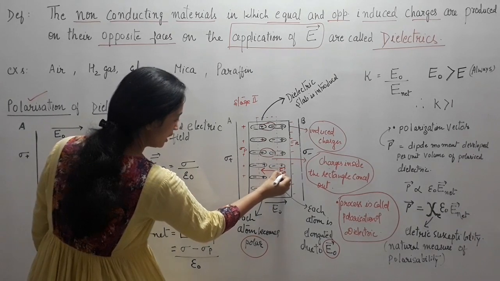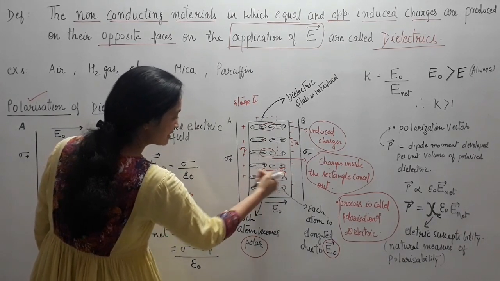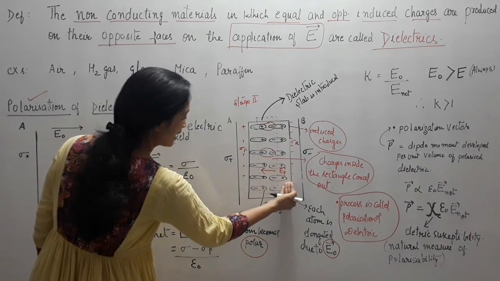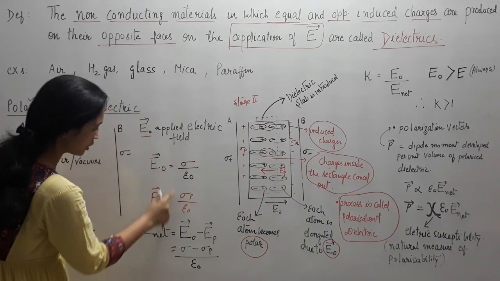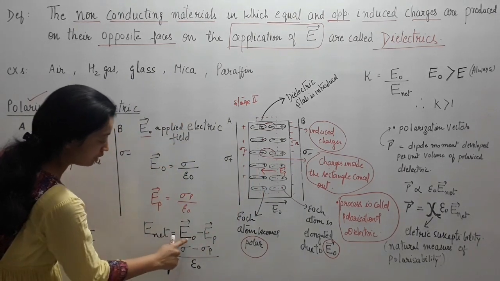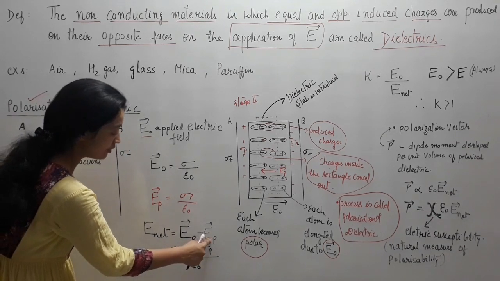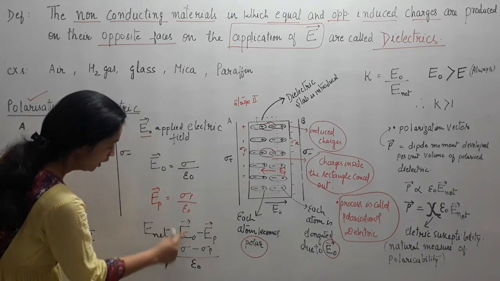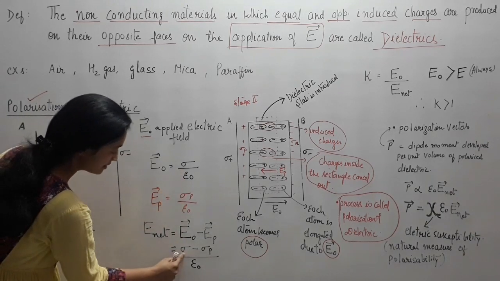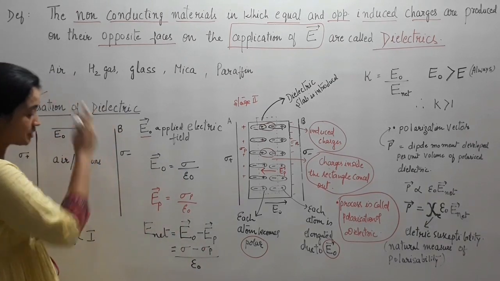Automatically the direction of E polarized inside the dielectric is from right to left. So their directions are opposite. Net electric field will be the applied electric field minus the electric field developed inside the dielectric. So putting the values, we get sigma minus sigma p upon epsilon naught.